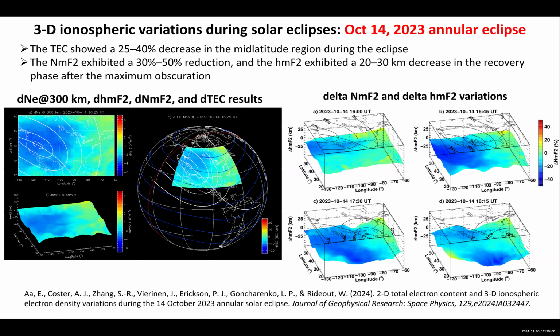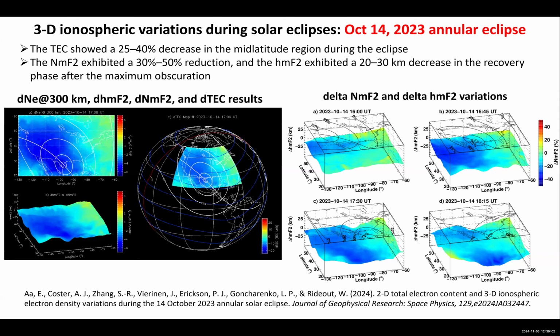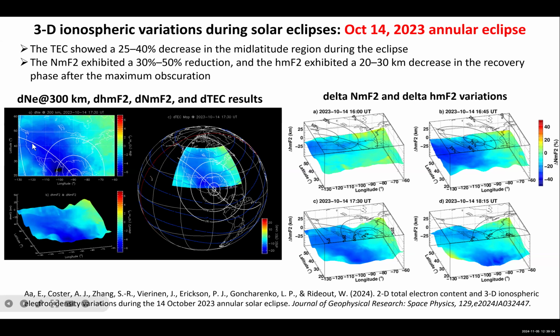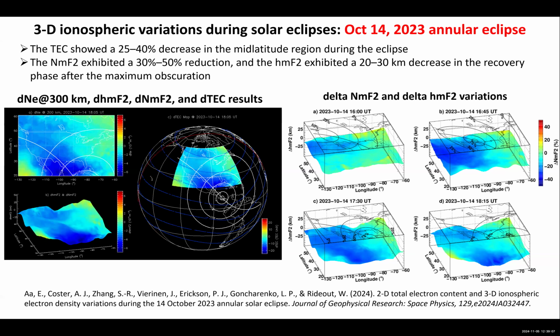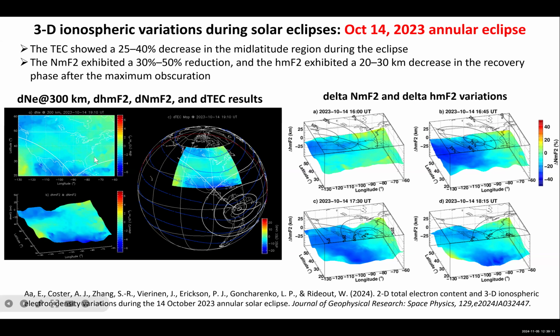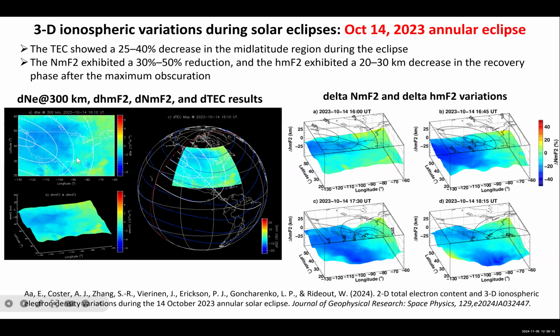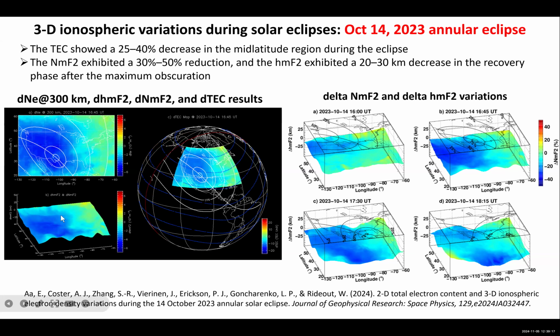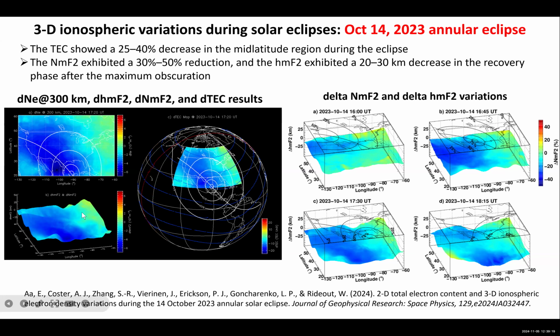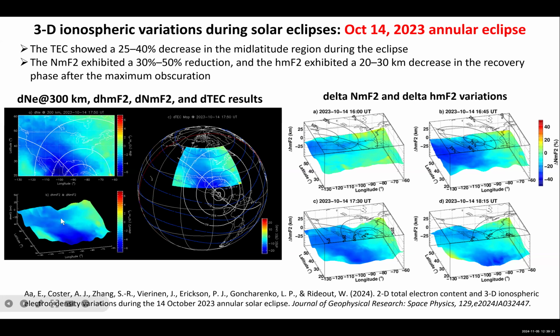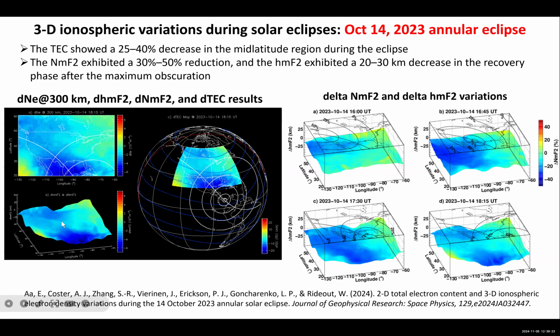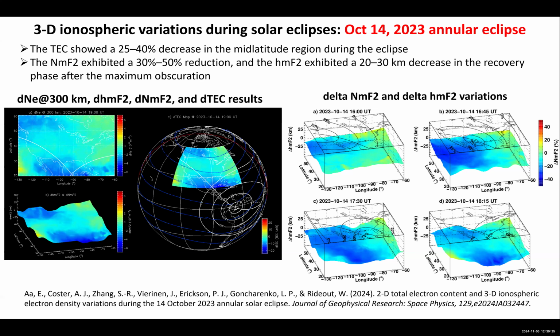So I have a movie here. We can see with respect to the passage of the solar obscuration, the ionosphere shows considerable electron density reductions. And if you pay attention to this HmF2 and NmF2, we can see the layer going up and down.